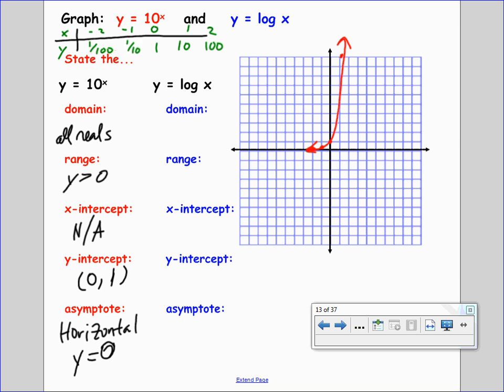Well, 1/100th, -2; 1/10, -1; 1, 0; 10, 1; 100, 2. If we were to carefully connect these points, we'd get our y equals log x graph, our common logarithmic graph.